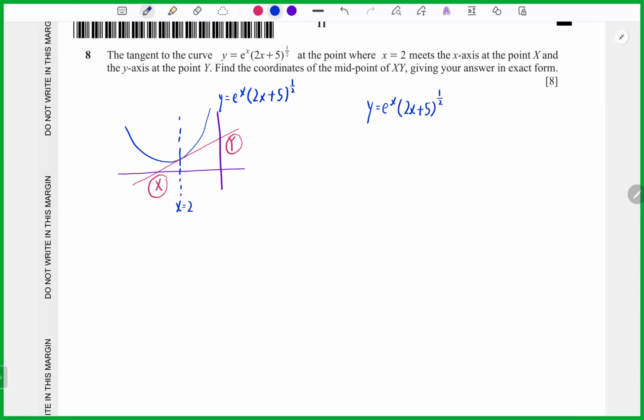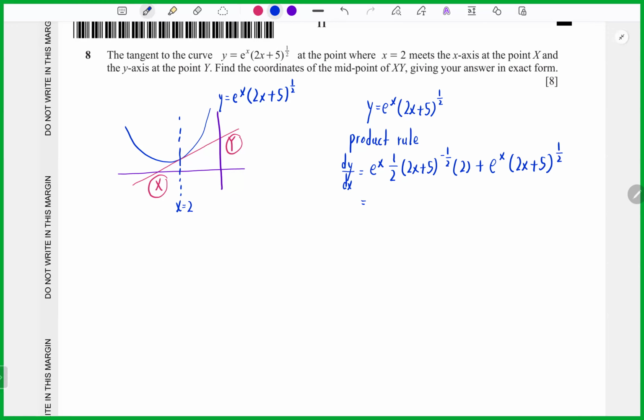You need to use the product rule to find dy/dx. So the product rule: dy/dx equals e^x times 1 over 2 times (2x plus 5) to the power negative 1 over 2, differentiating 2x plus 5, which gives 2, plus again, you differentiate e^x, so you write (2x plus 5) to the power 1 over 2.